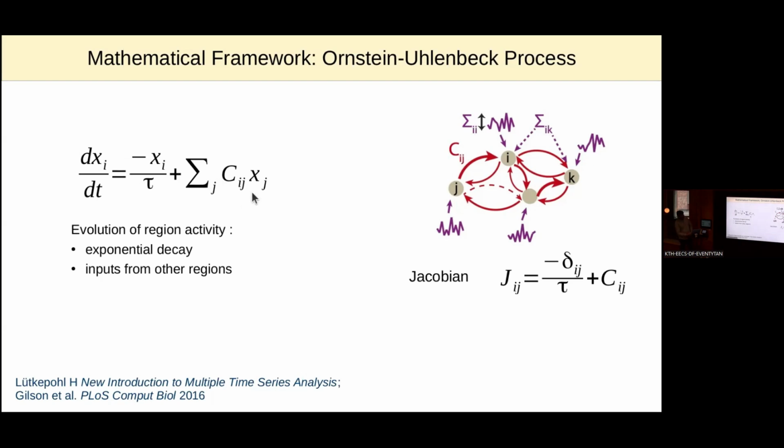So there you've got the interaction, that's the effective connectivity coming from the other regions. And on top of that, each region is receiving some noisy input. It can be thought of as intrinsic noise or, for sensory areas, some stimulus-related inputs.